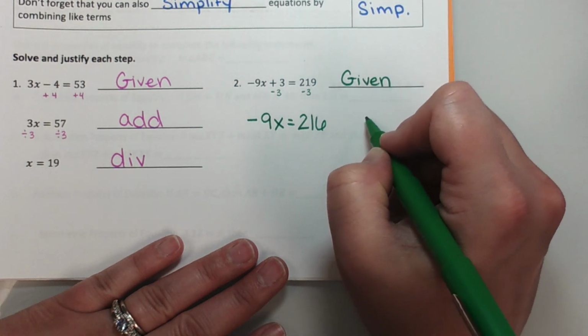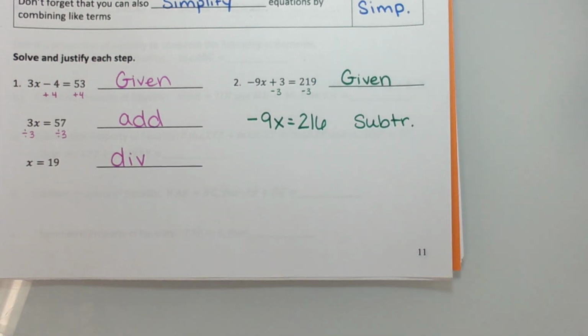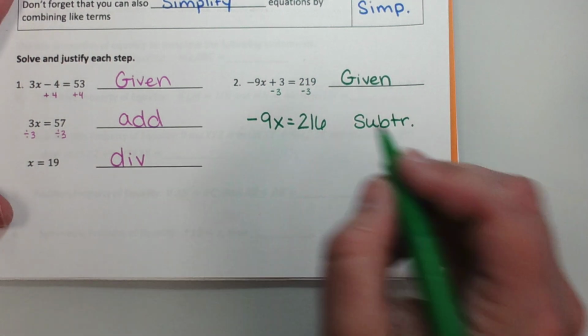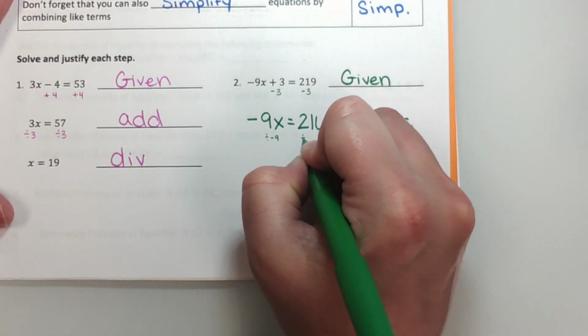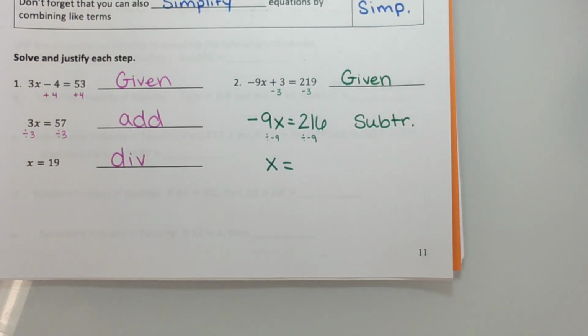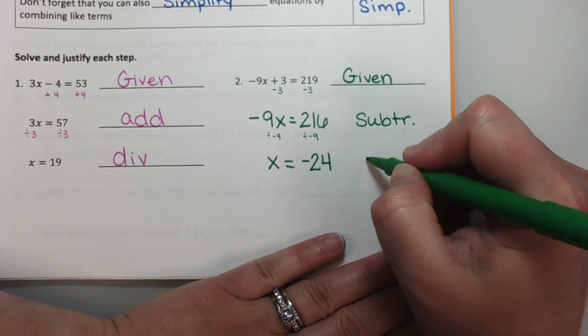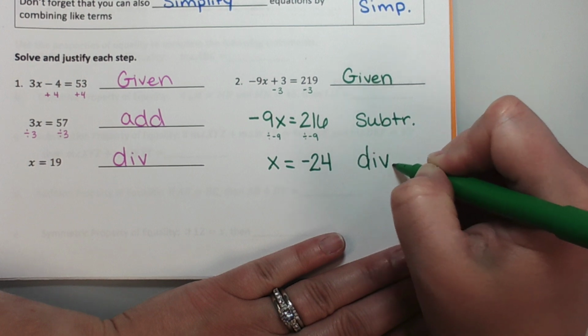And I also have to write that what we did was subtract, S-U-B-T-R. Negative 9x equals 216. To get x alone, divide by negative 9. Again, you don't have to write this little piece. You do have to write x equals negative 24. And the step we did was divide, D-I-V.